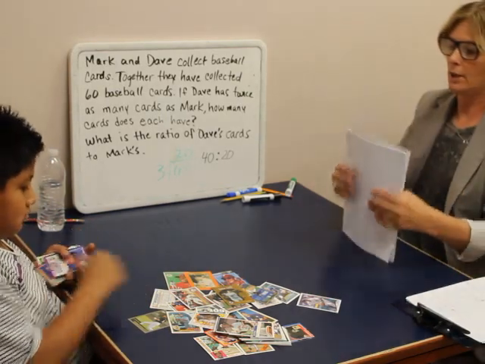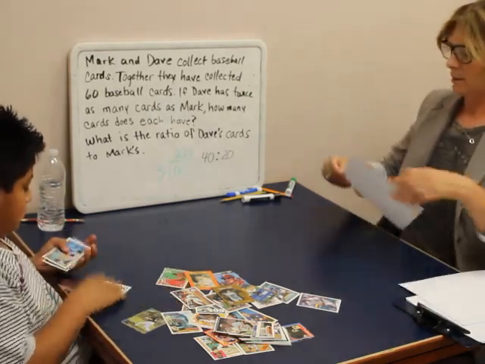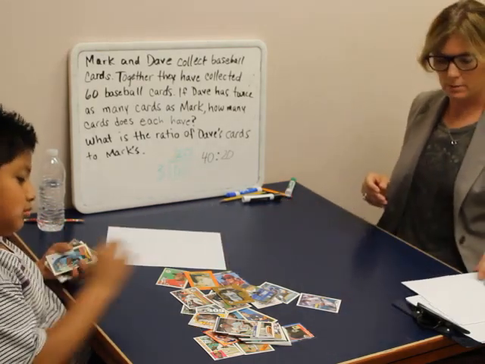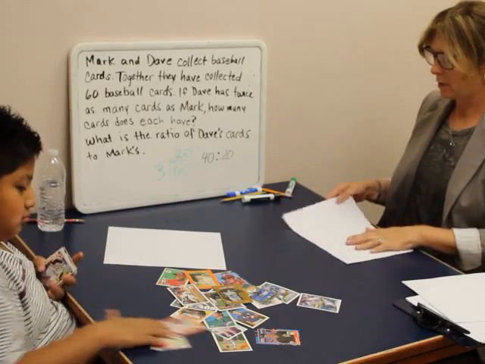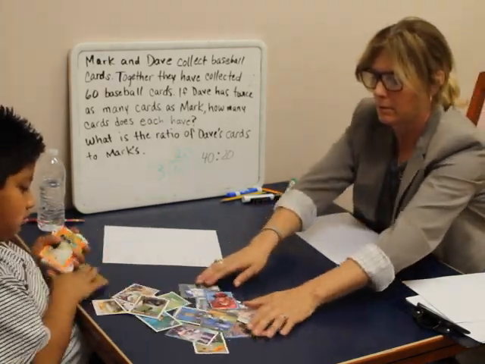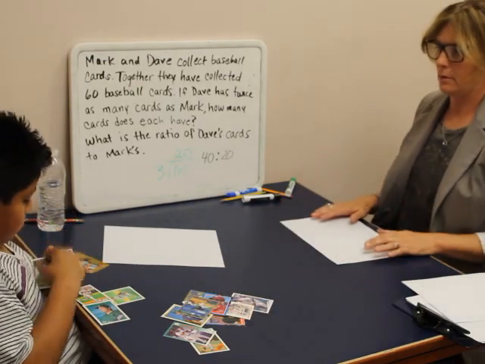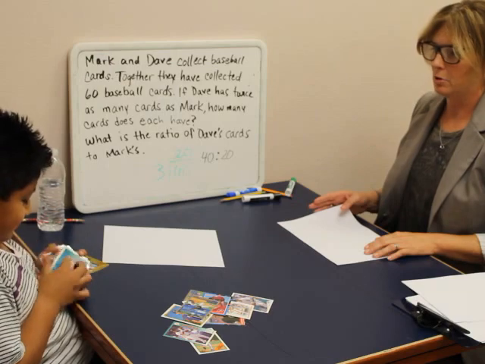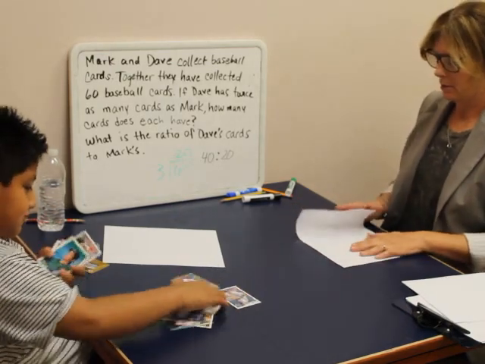And what we're gonna do now, get out our pencils and our papers. And I'm gonna take this paper. I think we're good. We're good. You can just set those right over there.